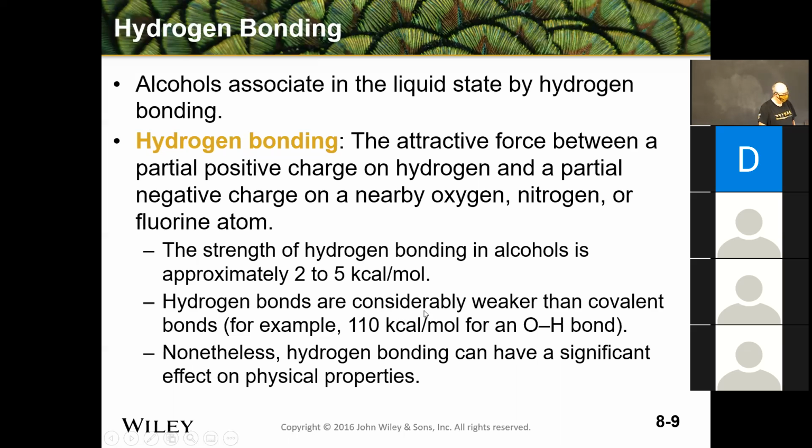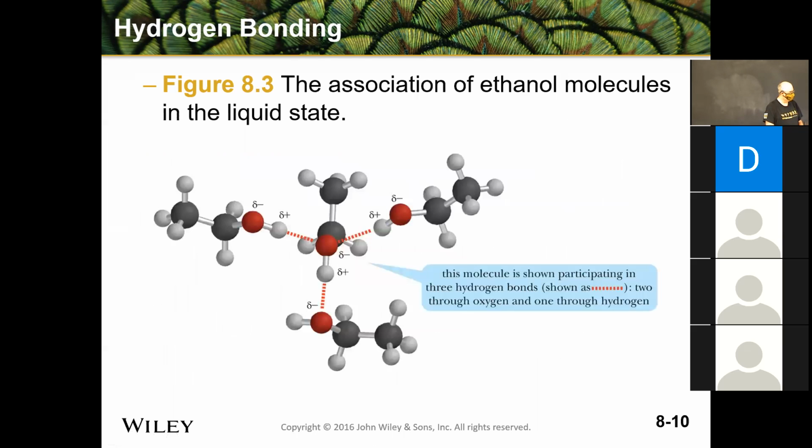Okay, they're considerably weaker than covalent bonds. For example, the covalent bond for an OH is about 110 kcal per mole. But nevertheless, hydrogen bonding can have a significant effect on physical properties.